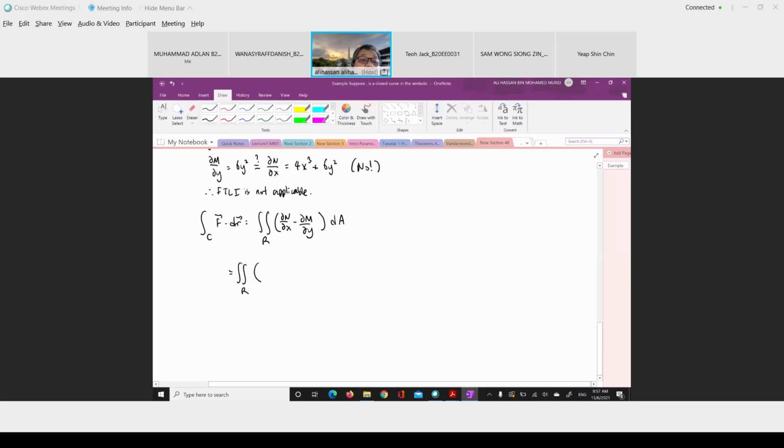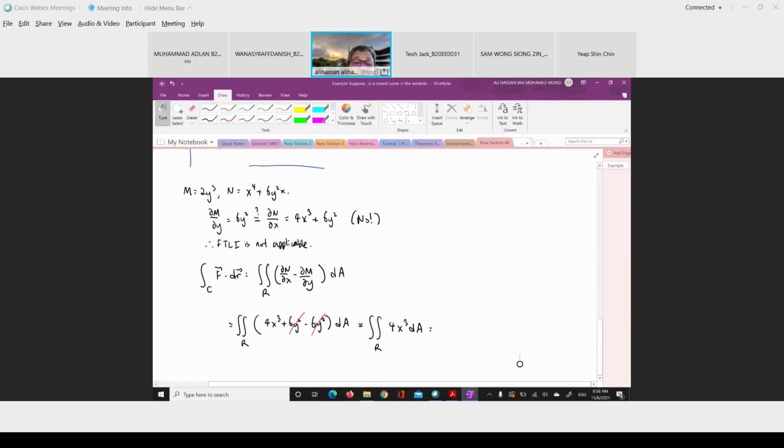Here N partial x is 4x cubed plus 6y squared, minus M partial y, which is 6y squared. So the 6y squared terms cancel out, and we have this double integral of 4x cubed dA.